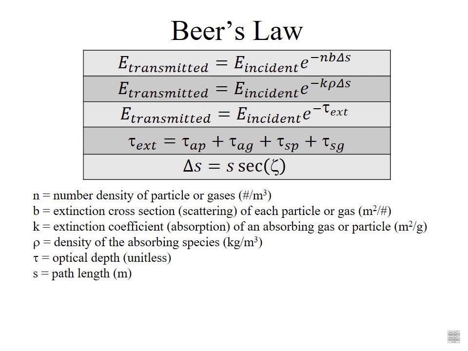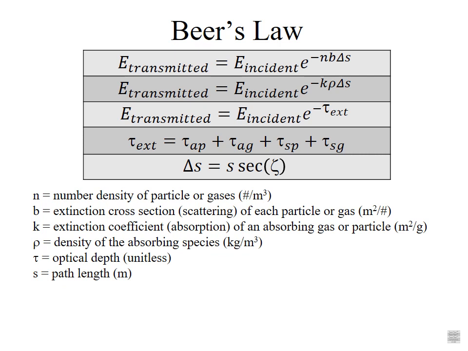And the other equation that is here is delta S, where S is equal to the normal path length, and the secant of the zenith angle will give you the entire path length, the slant path length through the layer. So when the zenith angle is 0 and you have a direct overhead sun, then the secant, of course, is 1 over cosine.